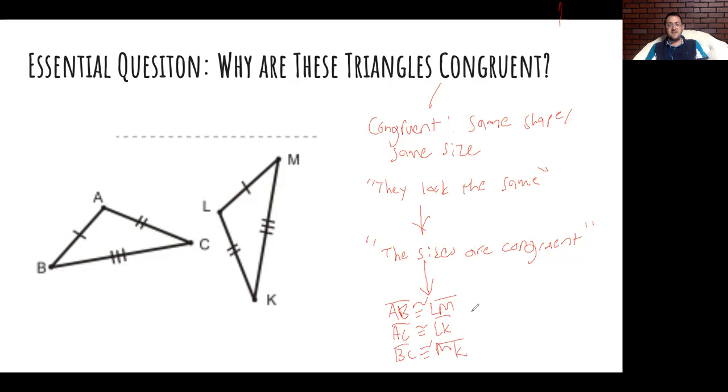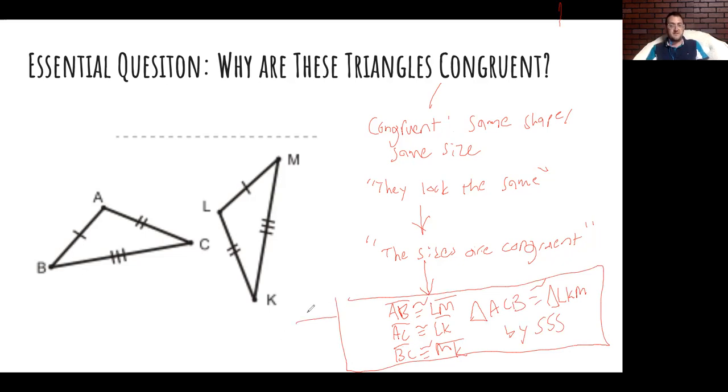And we could say that the triangles are congruent. So I could say that triangle ACB is congruent to triangle LKM by side, side, side. So this is kind of what proof level thinking looks like.